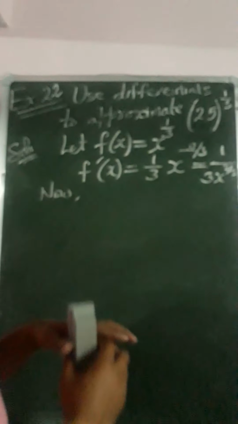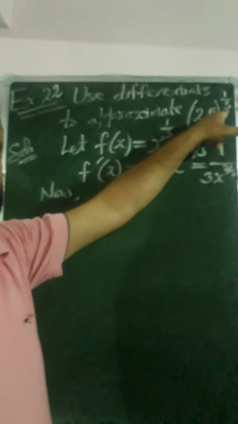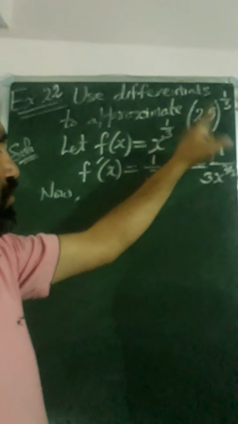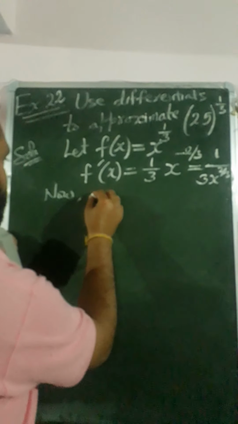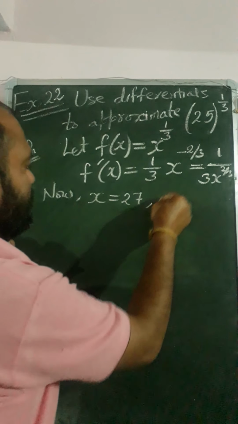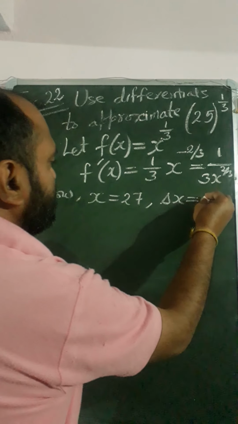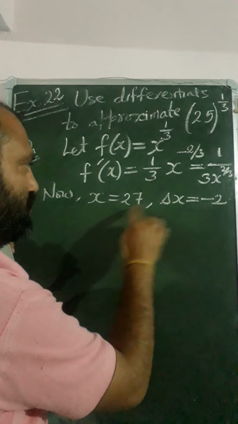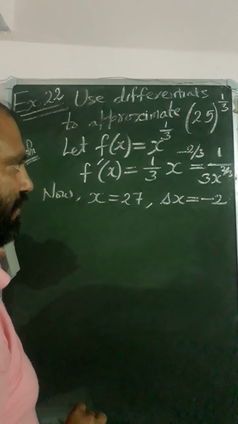Now as in the previous question, we break this, using the nearby perfect cube, which is 27. So consider x as 27 and delta x as minus 2. Why is this minus 2? Because the sum of these two should be 25.